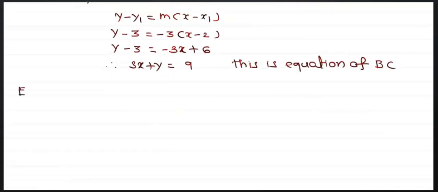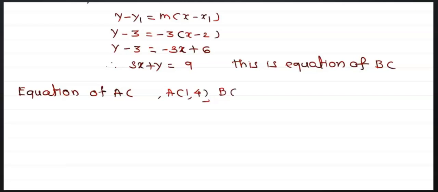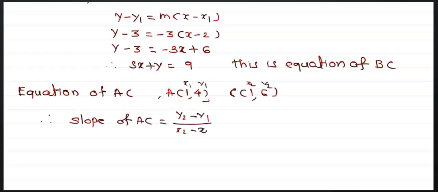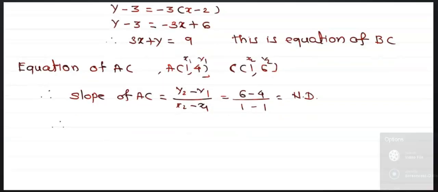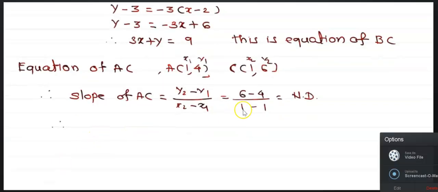Now next, equation of AC. Again I will find out the slope of AC, using y1, x1, y2, x2. The slope is not defined, which means the line is parallel to the y-axis.